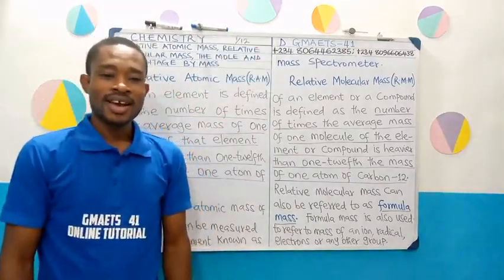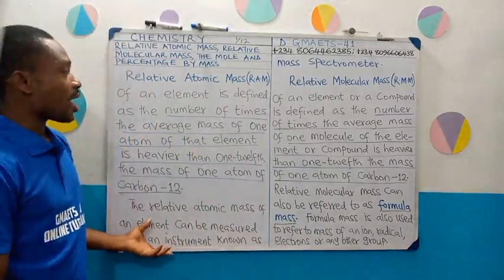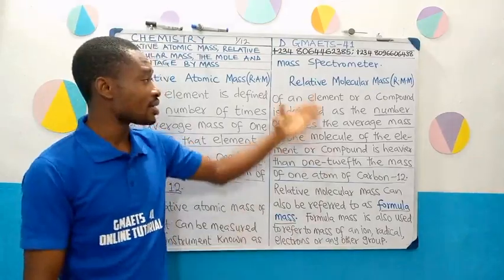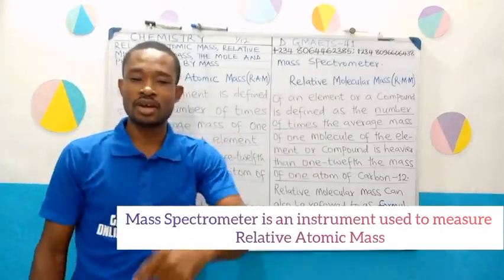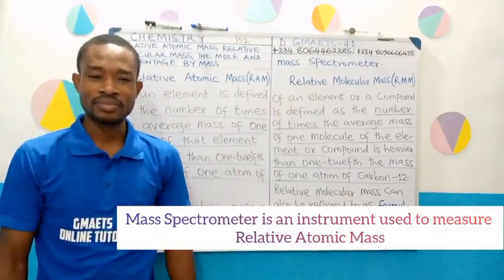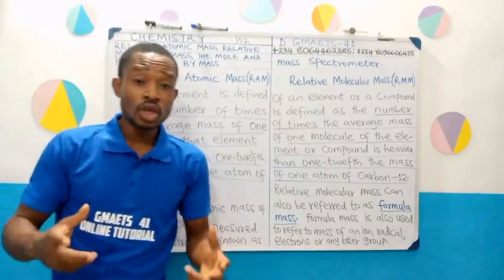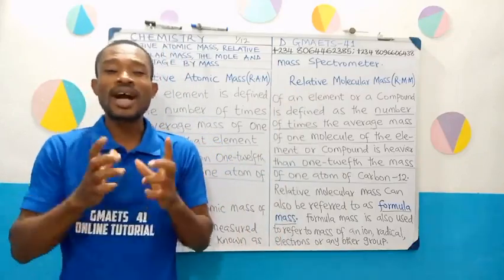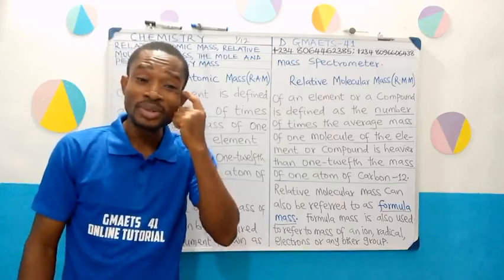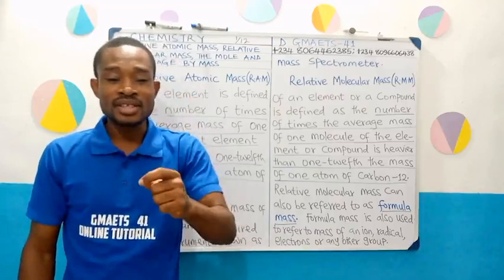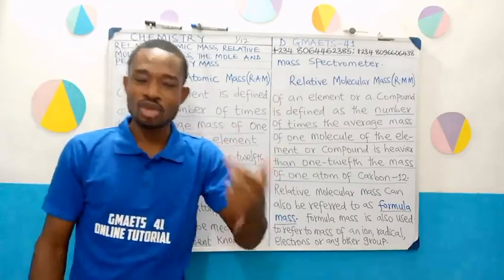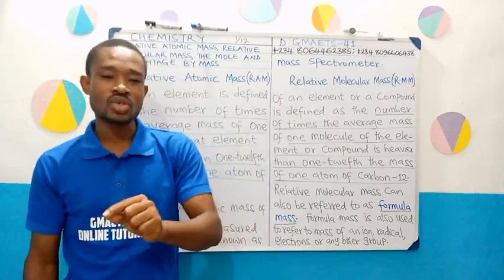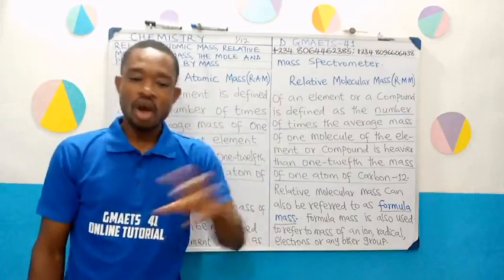Okay? Alright, now, the relative atomic mass of an element is measured using an instrument known as the mass spectrometer. Although we can also calculate relative atomic mass of an element. If we want to calculate it, there is something we use. We call that the percentage abundance of the isotopes of the element.